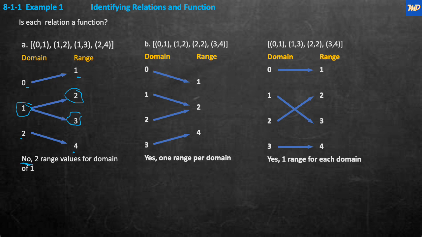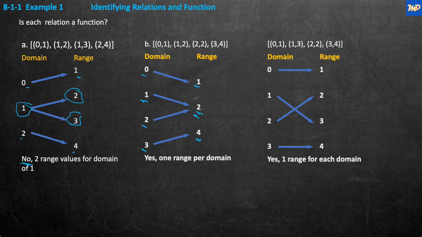How about B? (0, 1), (1, 2), (2, 2), and (3, 4). Well, in this case, we have the domain 0 has 1 as its match. 1 has 2 as its match. 2 has 2 as its match, and 3 has 4 as its match.